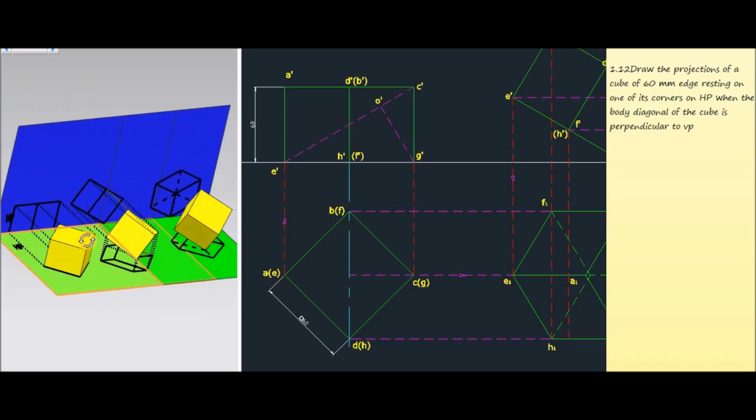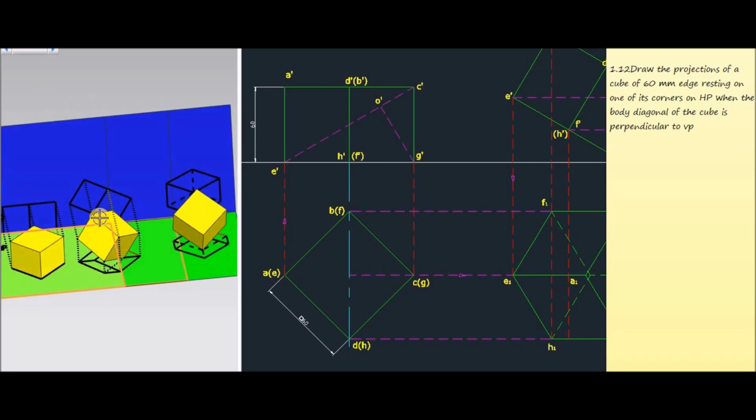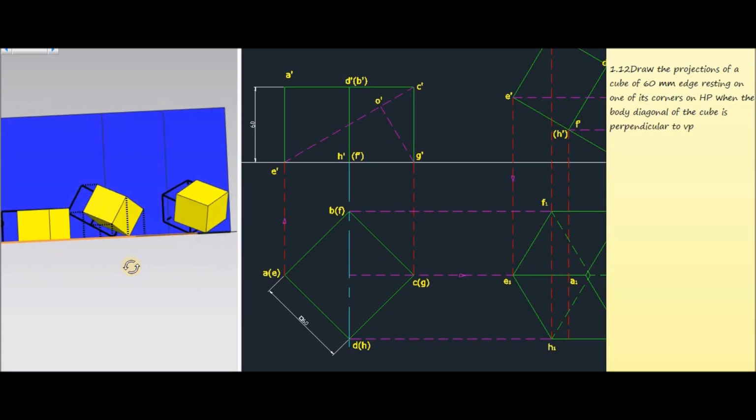Similarly, corresponding to the initial stage, for getting the front view, we have to extend all the top and bottom corners to the vertical plane. We'll get one rectangle like this one, and this represents the front view of the second stage.